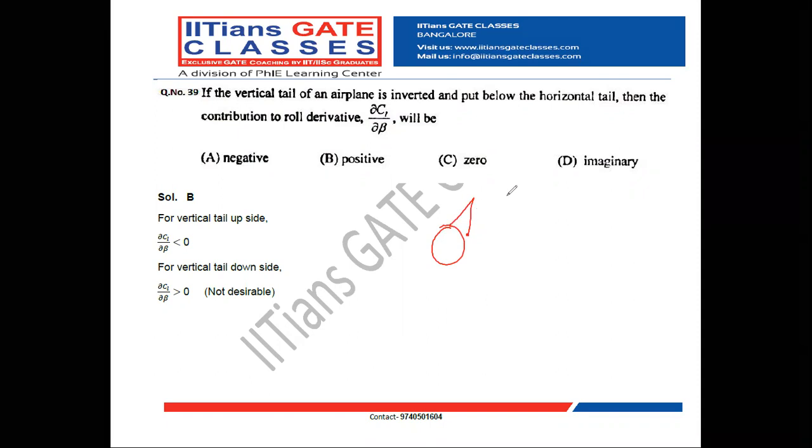Whenever the airplane is side slipped, seeing from the CG of the airplane, when it is side slipping towards the right, starboard, the vertical tail produces a side force towards the port side.